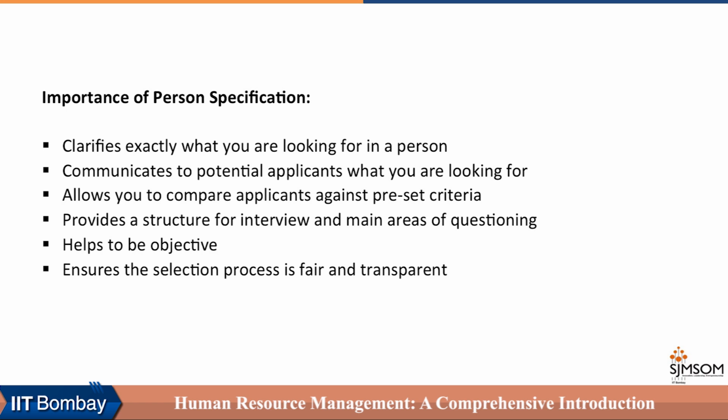It communicates to potential applicants what you are looking for in terms of their qualification and experience and skills. It allows us to compare the applicants. Since job specification by name itself suggests that it is specific data, we can have valid comparison amongst the applicants based on the job specification and to what extent they are meeting those job specifications.